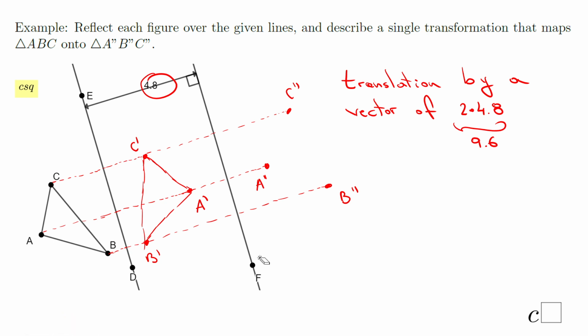Again, a ruler will be helpful here. And you notice A second, B second, C second, this triangle is a translation of the original one. Translation by a distance that is twice 4.8, so that will be 9.6.